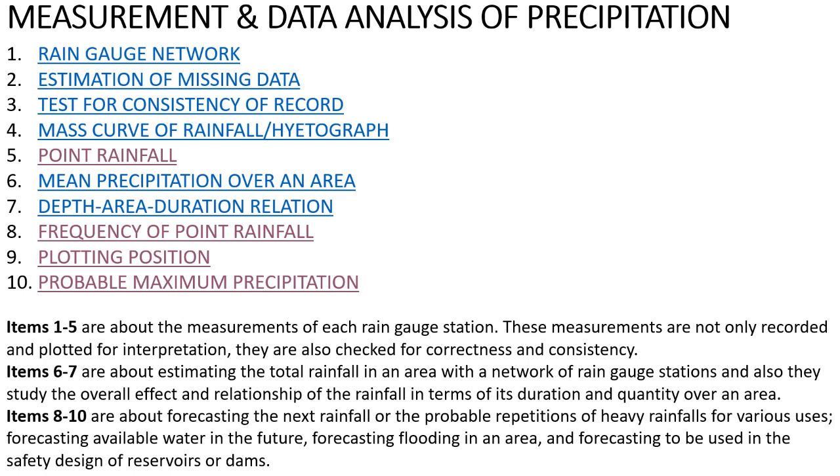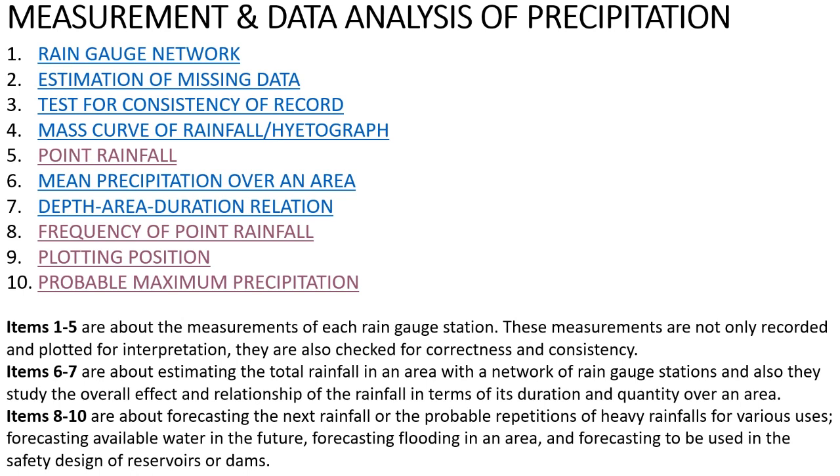Then mean precipitation, of course, meron tayong observation area na merong maraming rain gauges. So these rain gauges, kinukuhaan ng data and ina-add up to get yung average precipitation depth na nakukuha nila. Then, number 7, depth area duration relation.